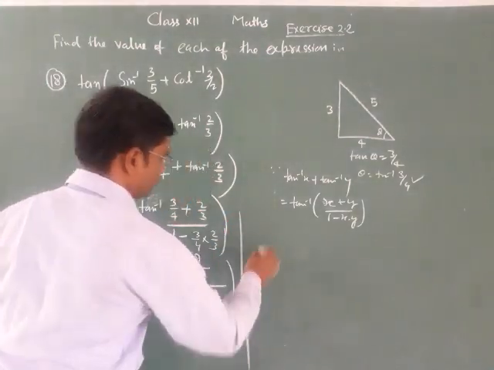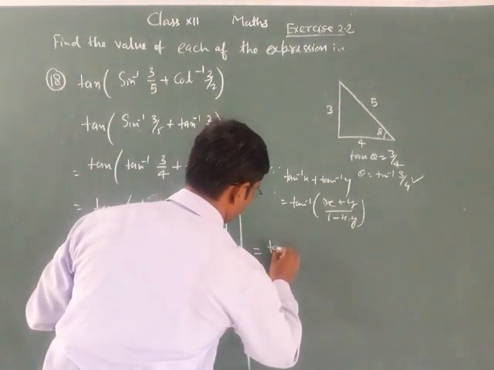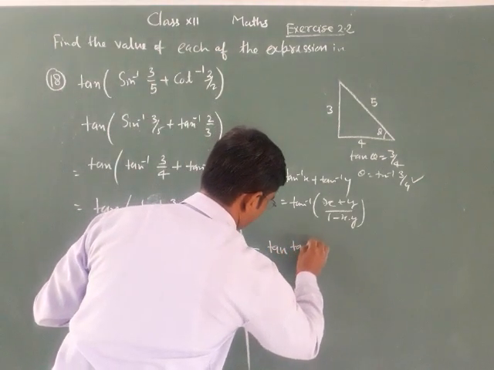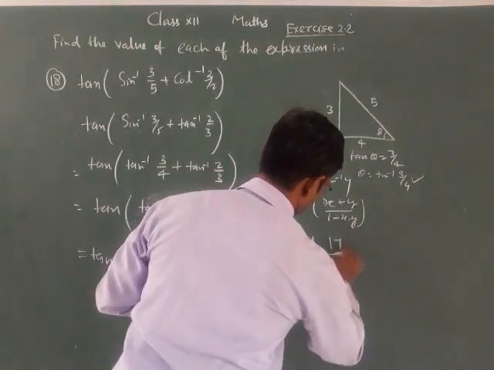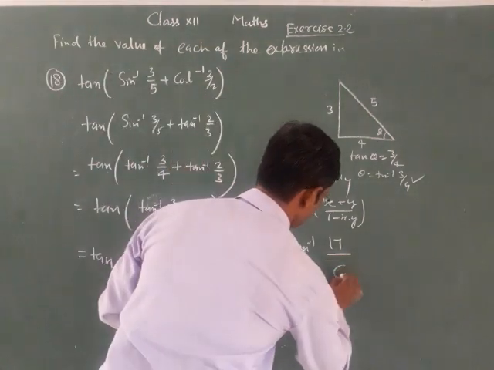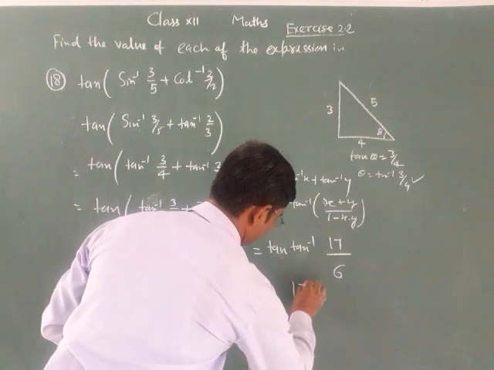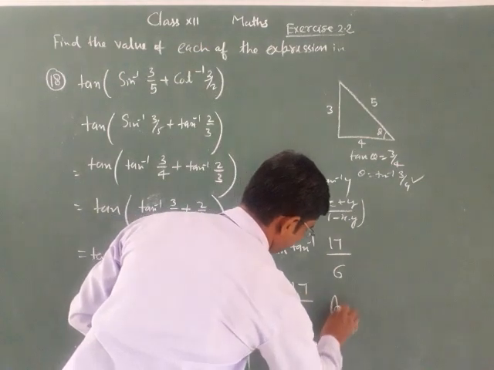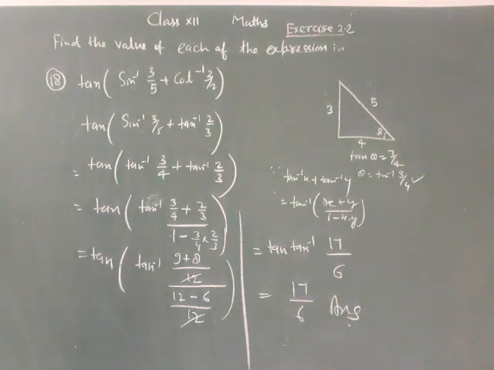So this 12 cancel out. So tan inverse, 9 plus 8 is 17, and 12 minus 6 is 6. So tan inverse 17 upon 6. This is the answer. That's all.